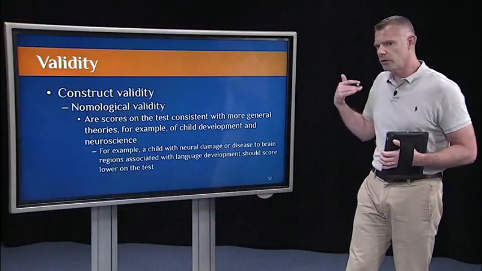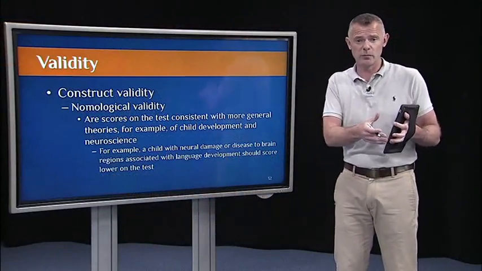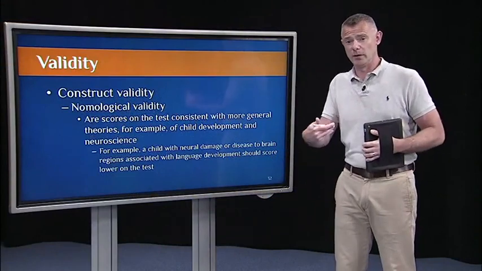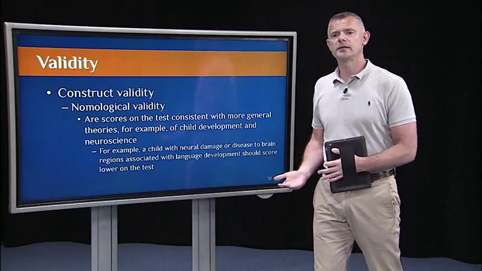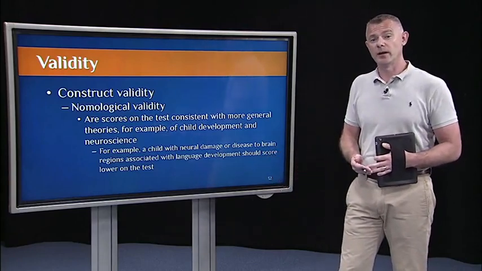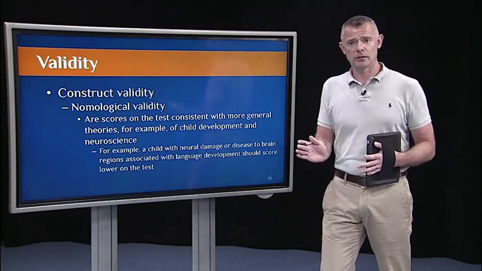For example, a child with neural damage or disease to a particular brain region that is known to be important for the development of verbal ability, those children should score less well on this test of vocabulary if it is indeed a valid measure of that construct.